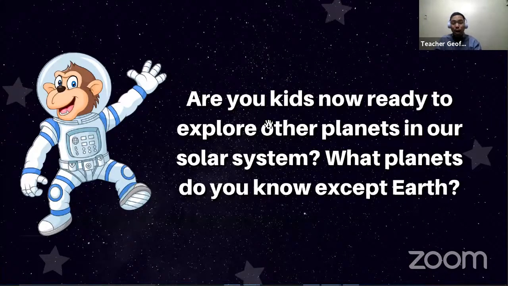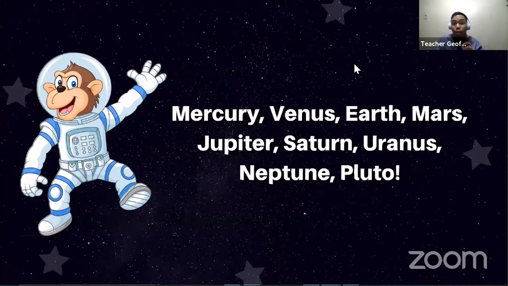And actually, Monkey here has a list of all the planets that we have in the solar system. So we have Mercury and Venus, our own planet Earth, Mars, Jupiter, Saturn, Uranus, which has been recited a while ago, Neptune, and Pluto.